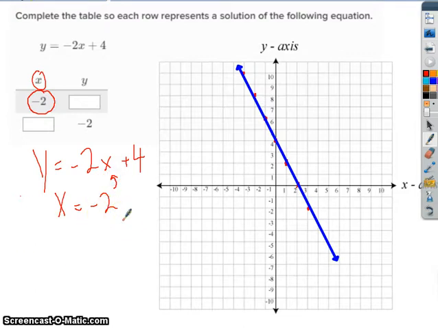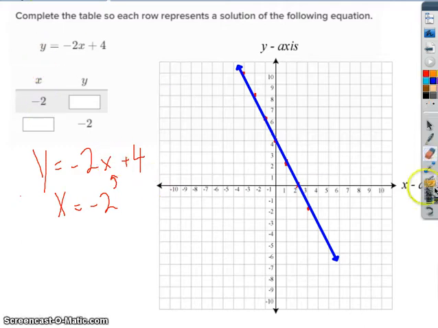What is the word for replacing a letter with a number? We learned it yesterday. Evaluates.